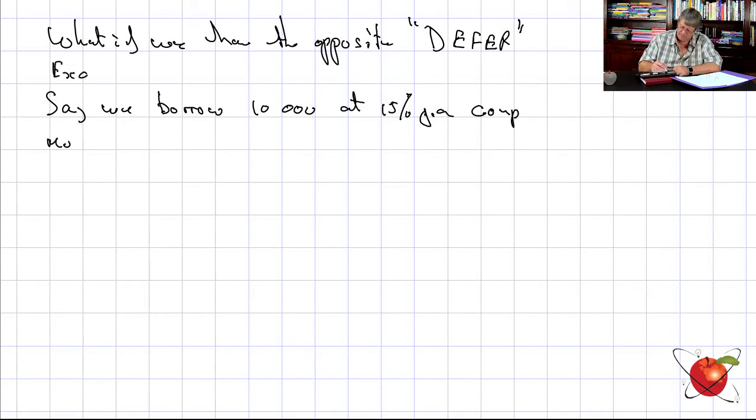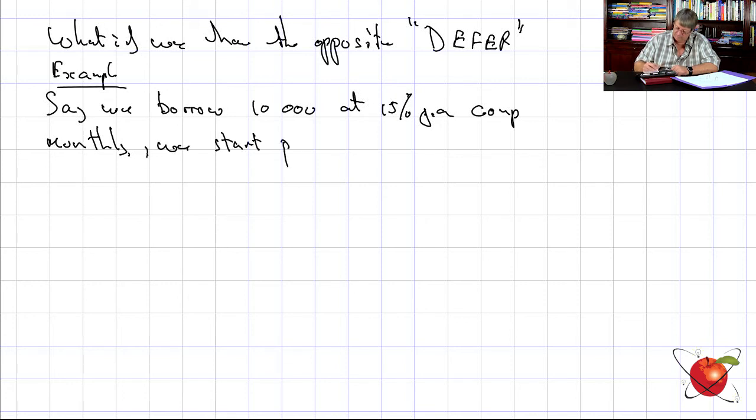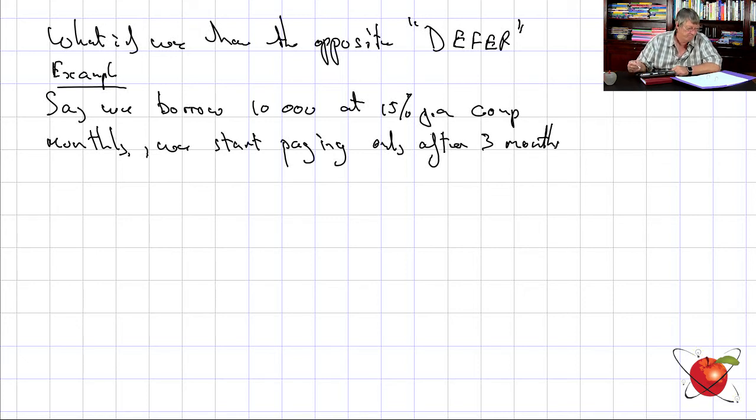Let's do an example. Compounded monthly. We start paying only after 3 months, and we pay 24 equal installments.